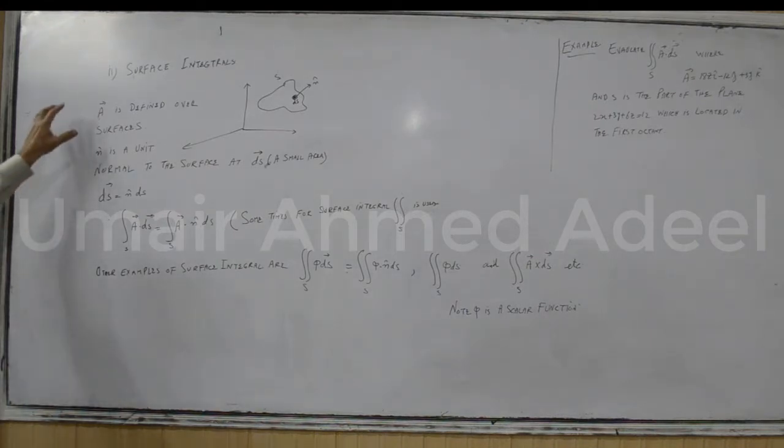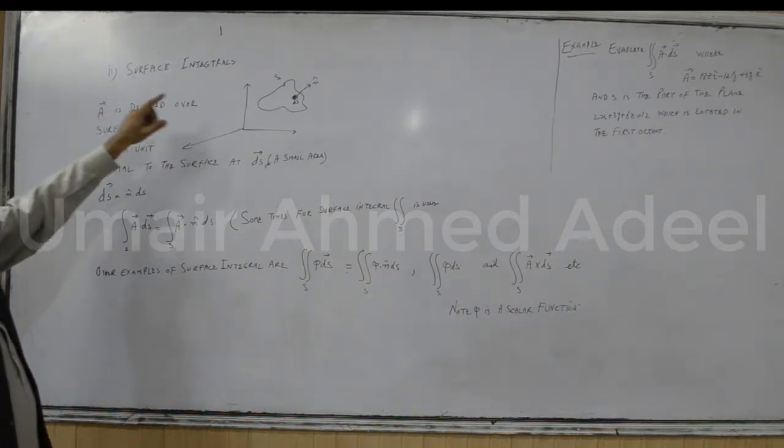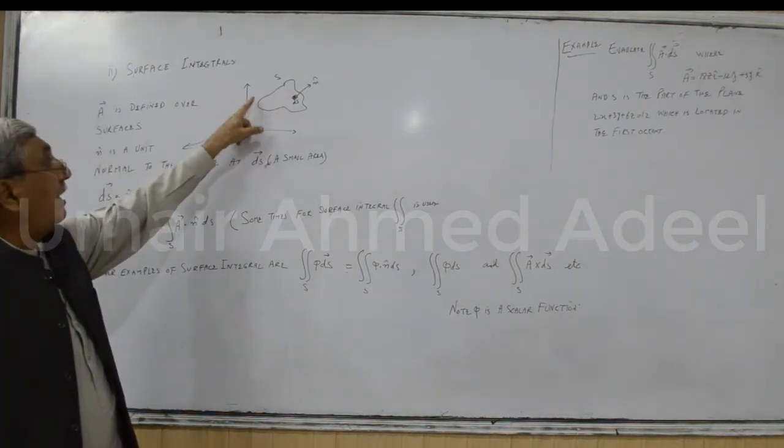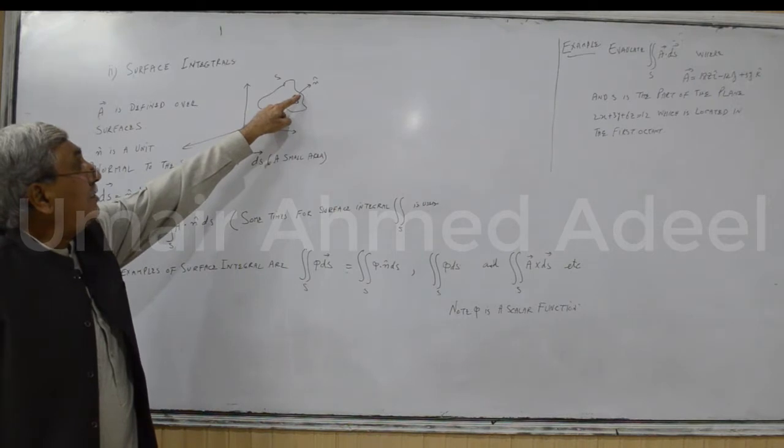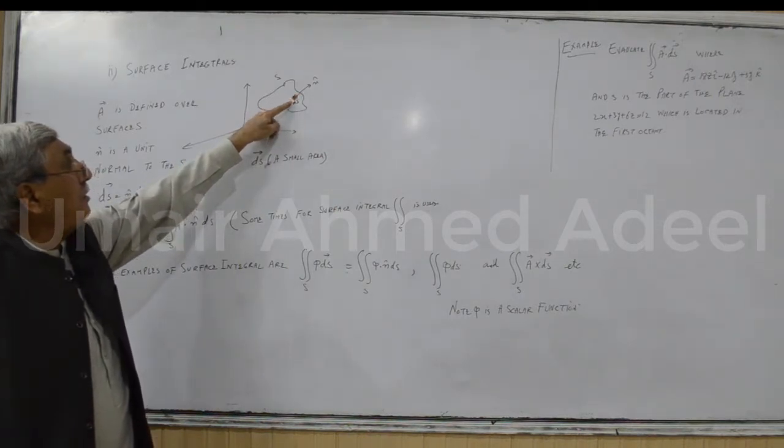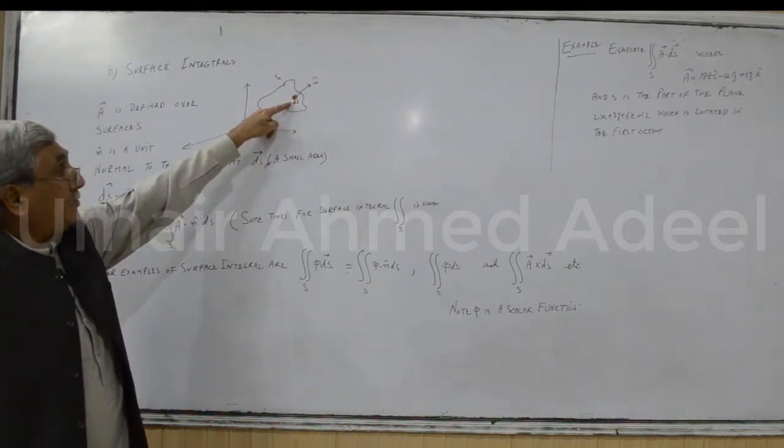We have the surface integral. Now we have a vector A which is defined over the surface. dS is a small portion of the surface, and n is a unit vector drawn at dS.